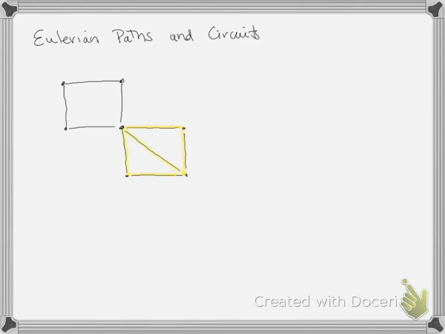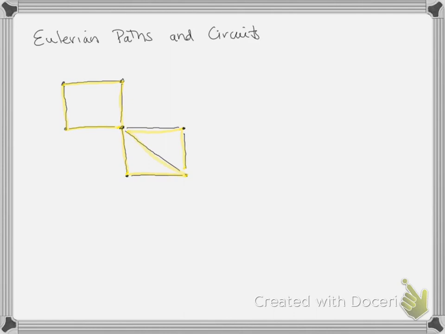Oh, that didn't work. Let me try again. Okay, so I just found an Eulerian path. And this is a very small graph, so it's hard to just say, oh, just try to find one.